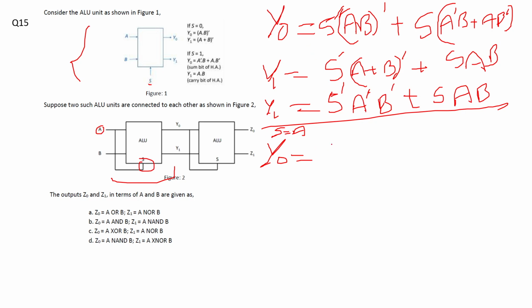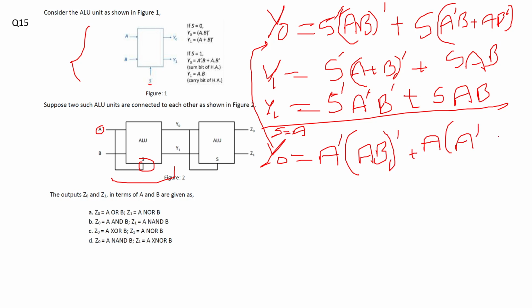So we will have y0 equal to A complement, just plugging these values here, A complement, then A B complement as it is. Then in place of S I will just write down A, and A complement B plus A B complement.